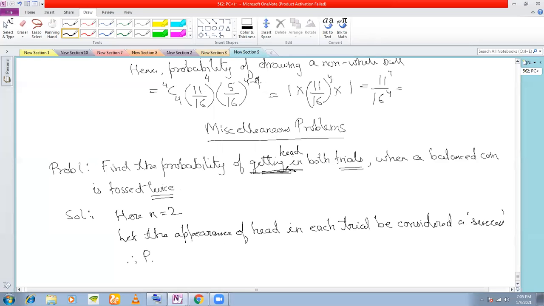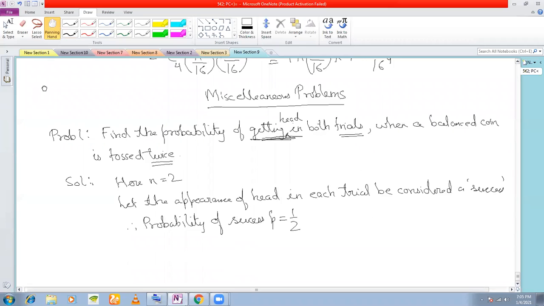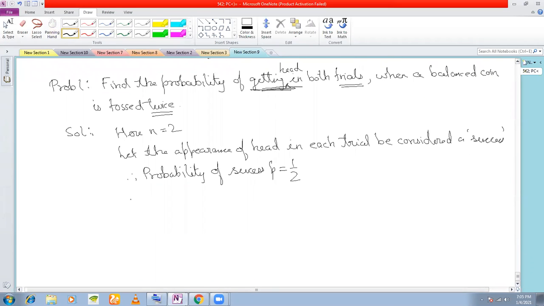Getting head is a success and it is a fair coin, so the probability of success will be half, right?